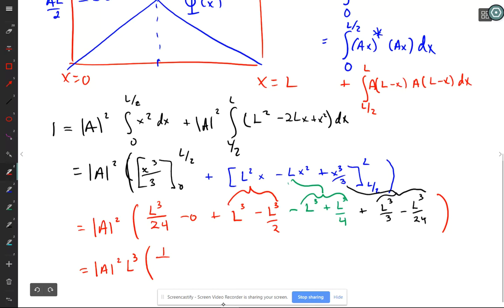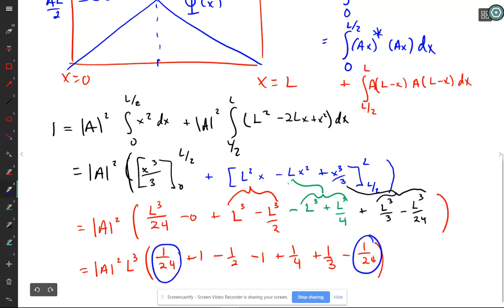And I have 1 over 24 plus 1 minus 1/2 minus 1 plus 1/4 plus 1/3 minus 1 over 24. And I'm going to make sure this 3 looks different than my 2. And now I will be careful.